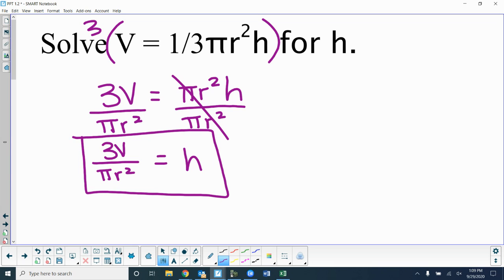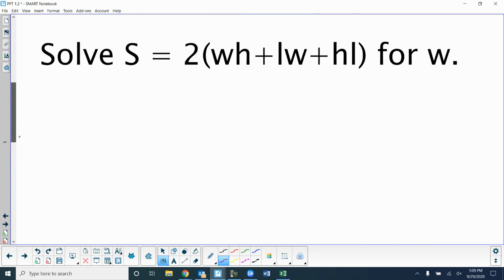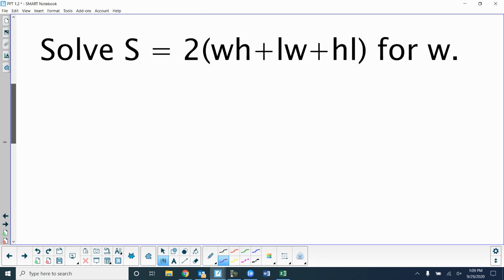Okay, now this next one's tricky. That one was pretty easy. This one's kind of tricky. So S equals 2 times the quantity WH plus LW plus HL, for W. They want us to get W isolated. Okay?